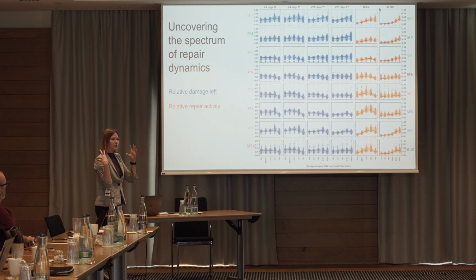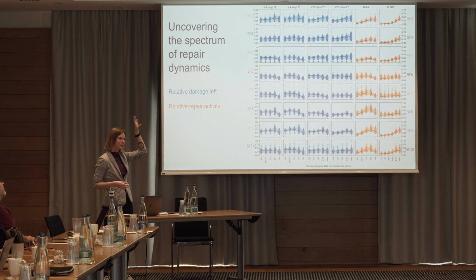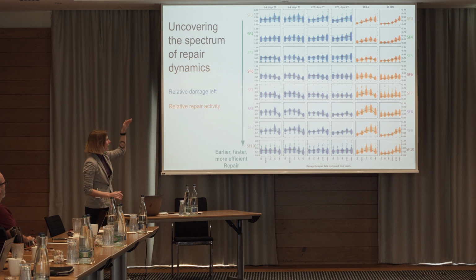And now if we look at those same logos, those dynamics, but this time only for the families, instead of the 40 states, getting the artifacts away from the data, we can see that there is actually some spectrum of the repair activity.